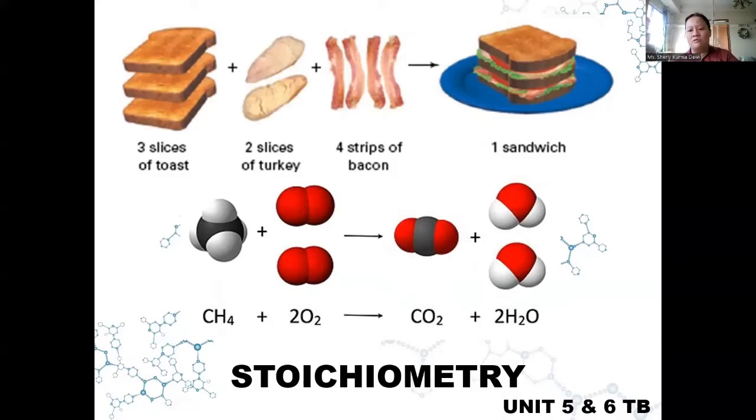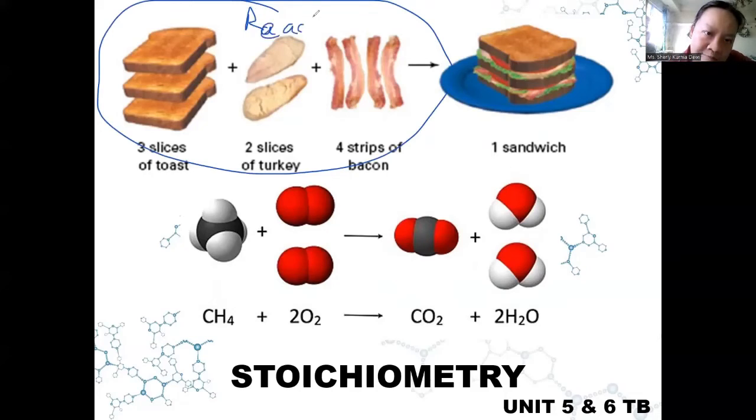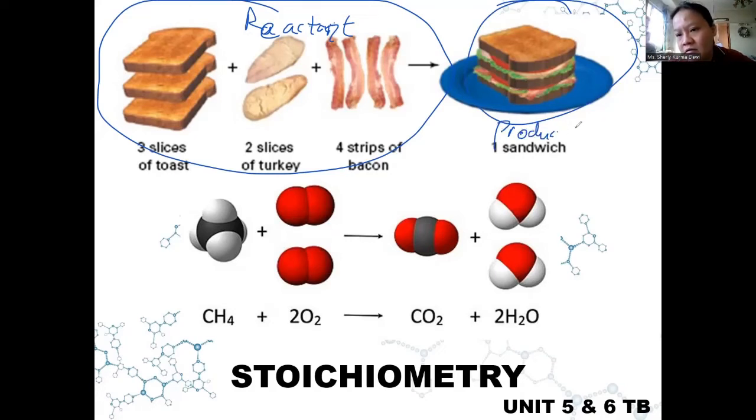I will annotate this one: these are the reactants, and this is the product. It should be balanced between left and right. This one is called the coefficient.